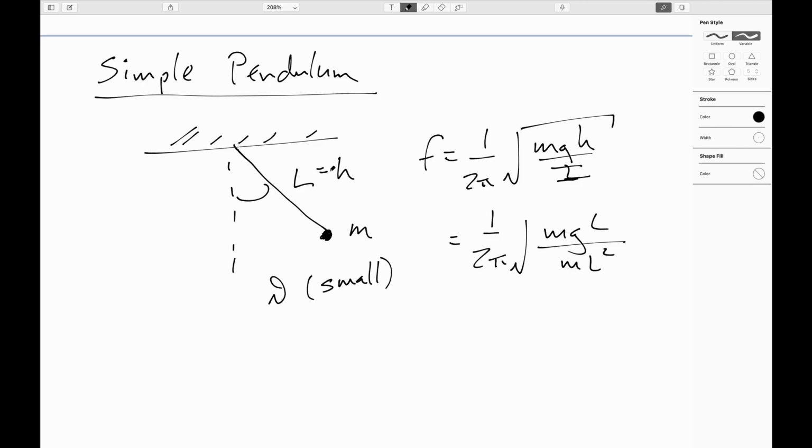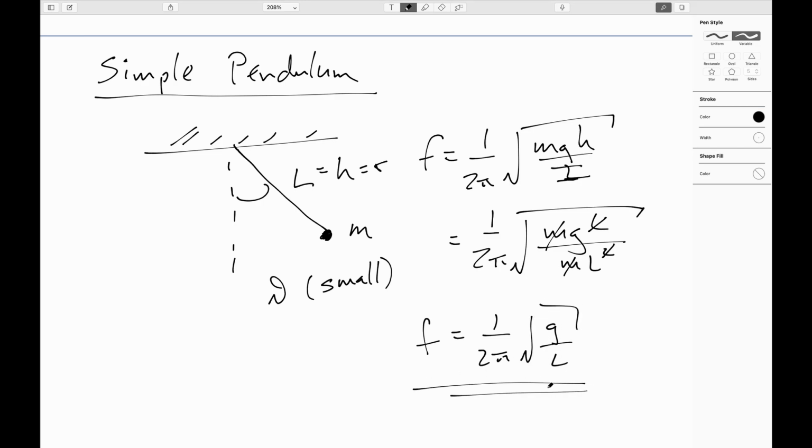The tables will usually say mr squared, but again, that's just the distance from here to there. So m's cancel, L's cancel, and you are left with the frequency being 1 over 2 pi root g over L.